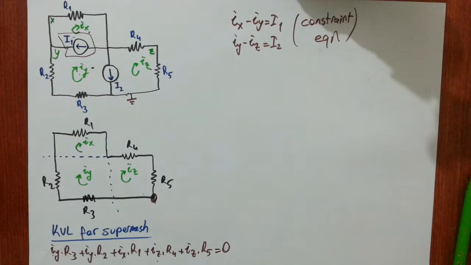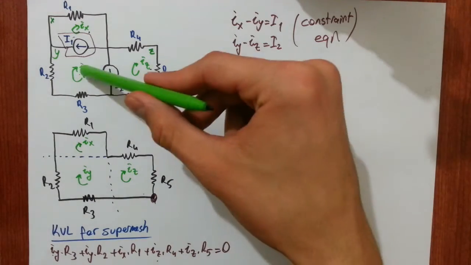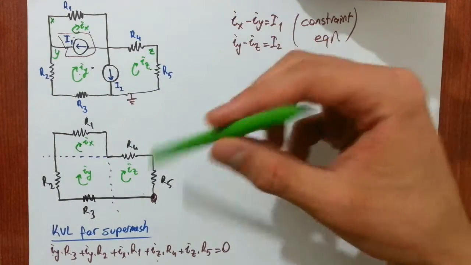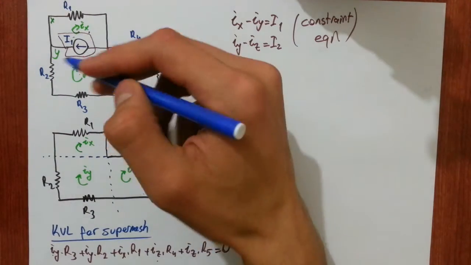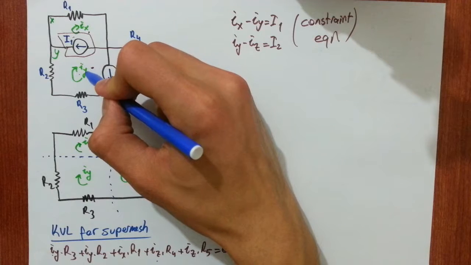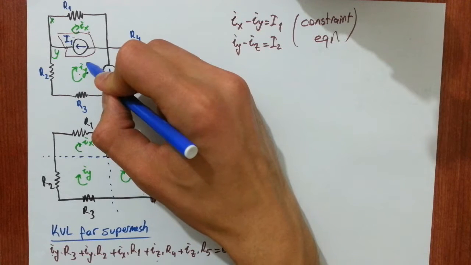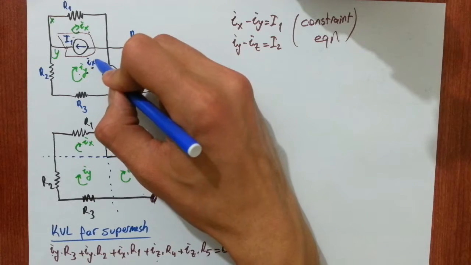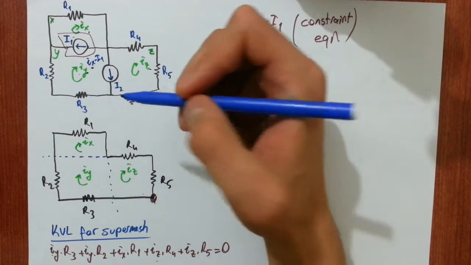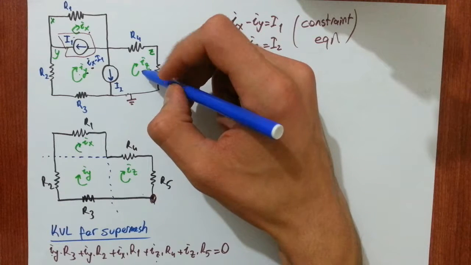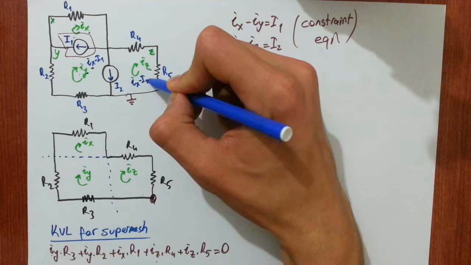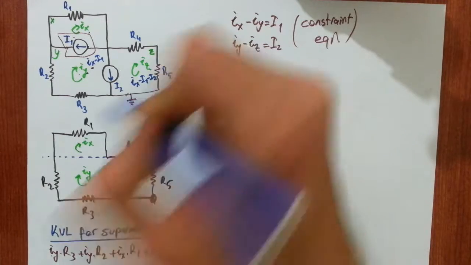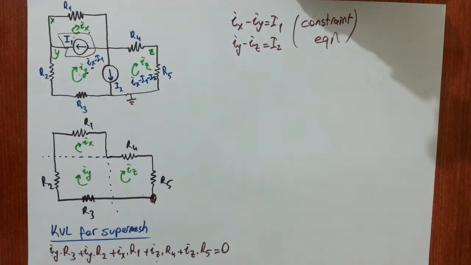And before labeling these two currents, we could have written for IY: IX minus I1, and for this one we could have written down IX minus I1 minus I2, right?